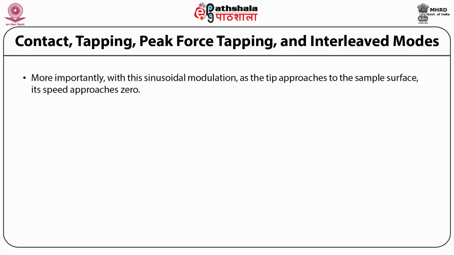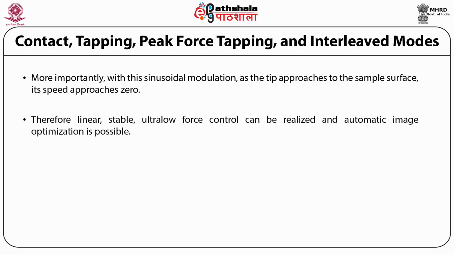More importantly, with this sinusoidal modulation, as the tip approaches the sample surface, its speed approaches zero. Therefore, linear, stable, ultra-low force control can be realized and automatic image optimization is possible.